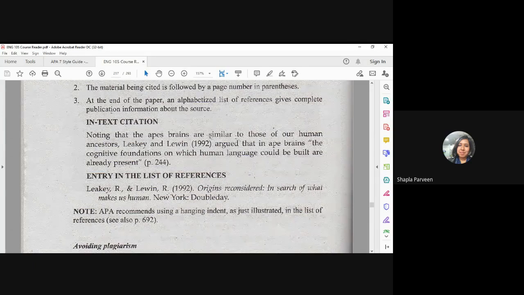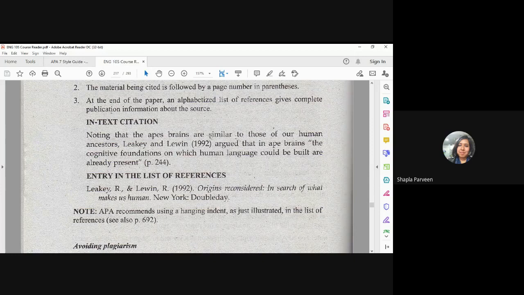Then dot, then in brackets, the year of publication, dot, and then you can see the name of the book, italicized: Origins Reconsidered: In Search of What Makes Us Human. Then New York is the place of publication, and Doubleday is the name of the publisher.